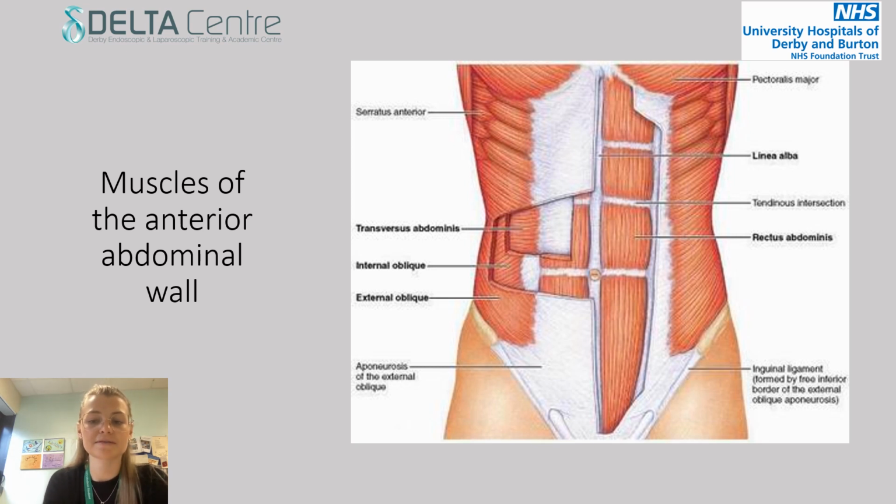The three aponeuroses become entwined in the midline, and they form what's called the linea alba. In the midline, you've got two vertical muscles: the rectus abdominis, which is a long paired muscle either side of the midline, split by the linea alba, and also the pyramidalis. This is absent in 20% of people, and it's a small triangular muscle.